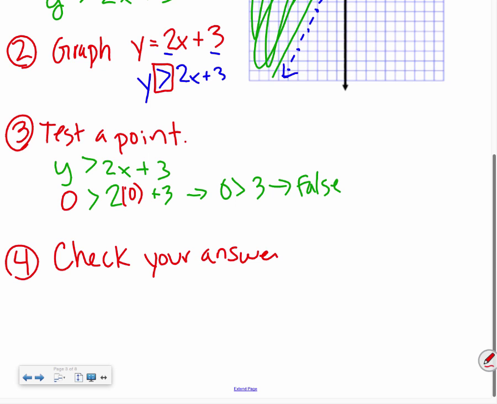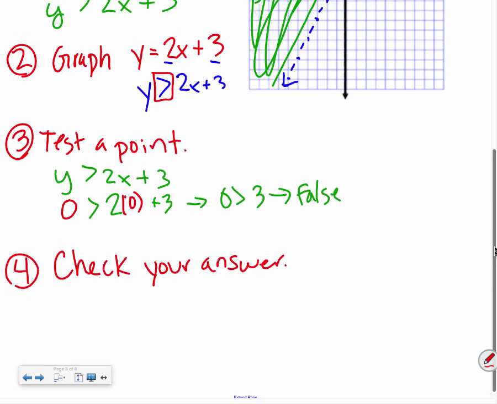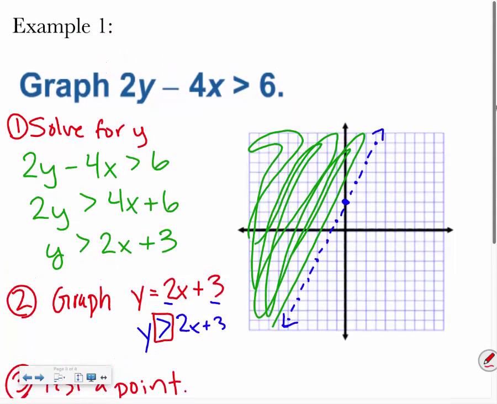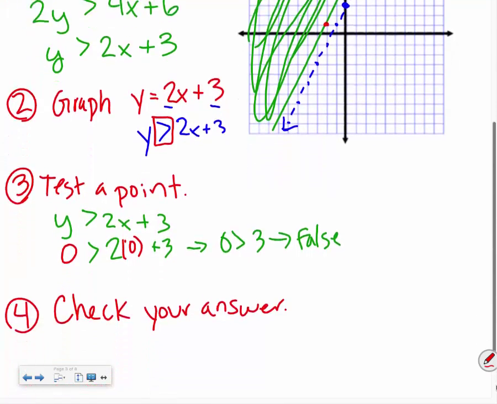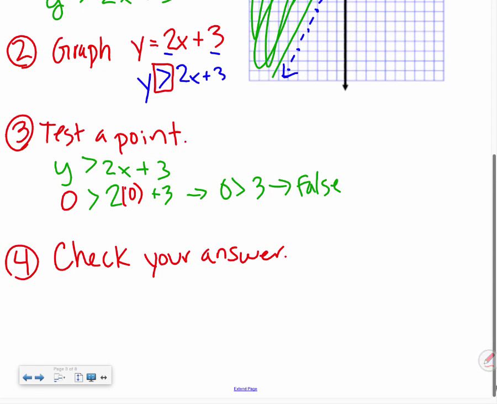The way you check your answer, if I go back to my graph and I pick a point that's now shaded in, for example, -2, 1, that's in my green shaded area, so I'm going to check using -2, 1.